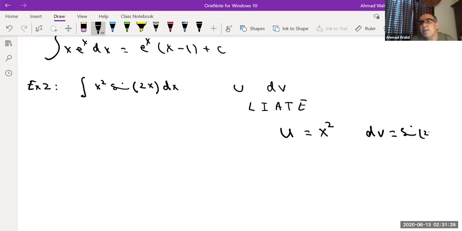If u is x squared, then your du will be 2x dx. Correct? If dv is sine 2x, then v is, what is the integral of sine?